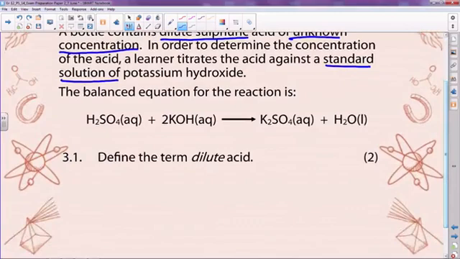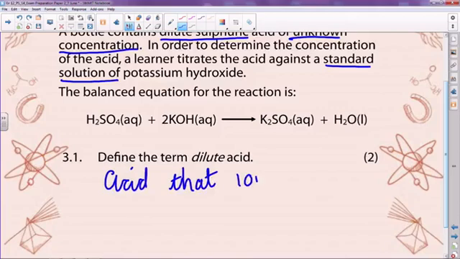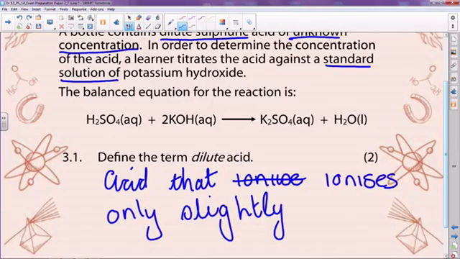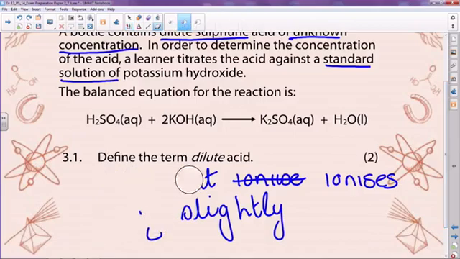I'm not going to give you time to do that. Remember, a dilute acid is an acid that ionizes, and you have to use ionize, that ionizes only slightly in water. Okay? Guys, that I'm so lying to you right now.